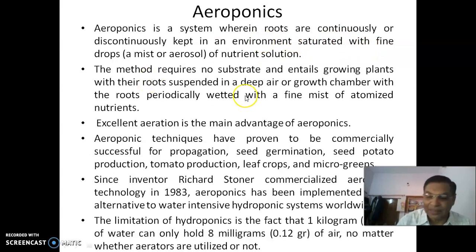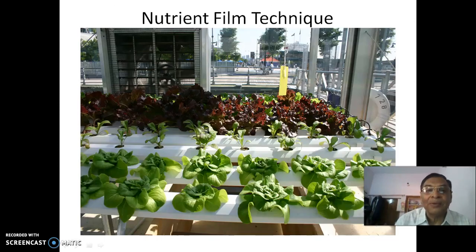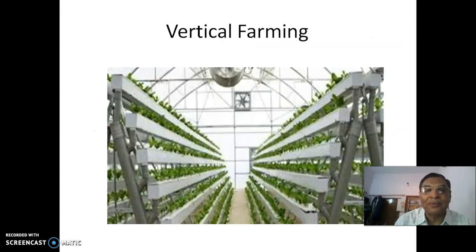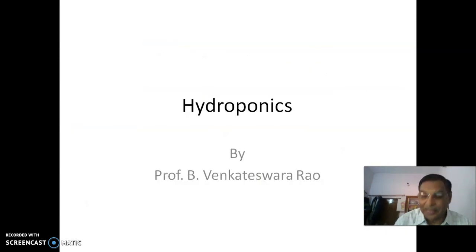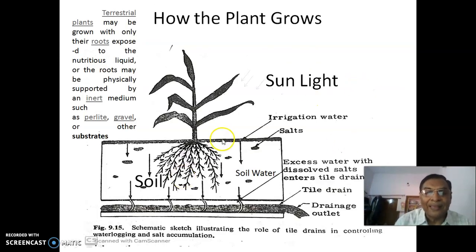Let me go back to the original where we started the concept. In normal agriculture, soil will be there. In hydroponics, that soil is removed and some inert material is there in which we are running water. But in aeroponics even that inert material is removed.